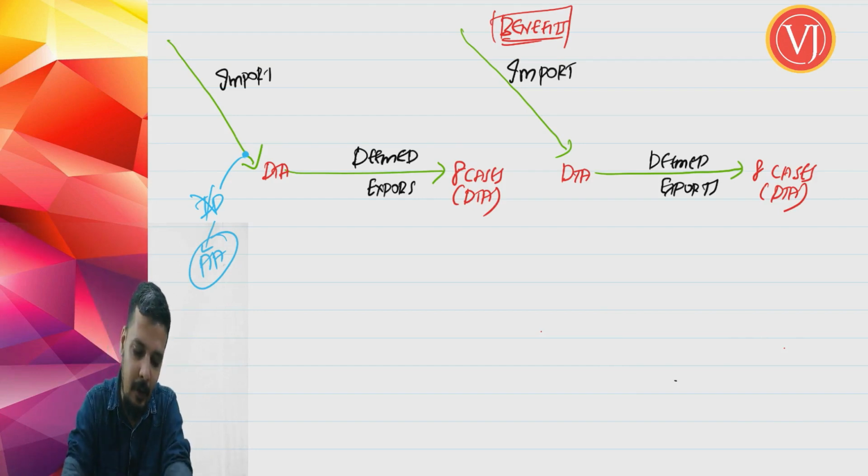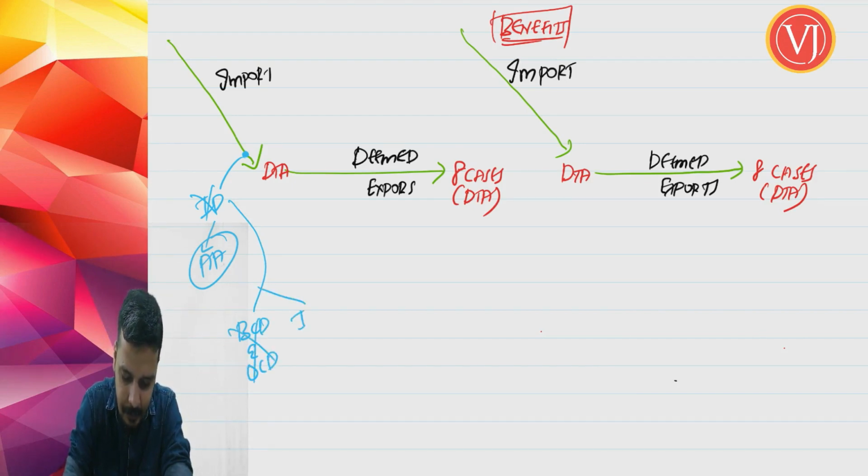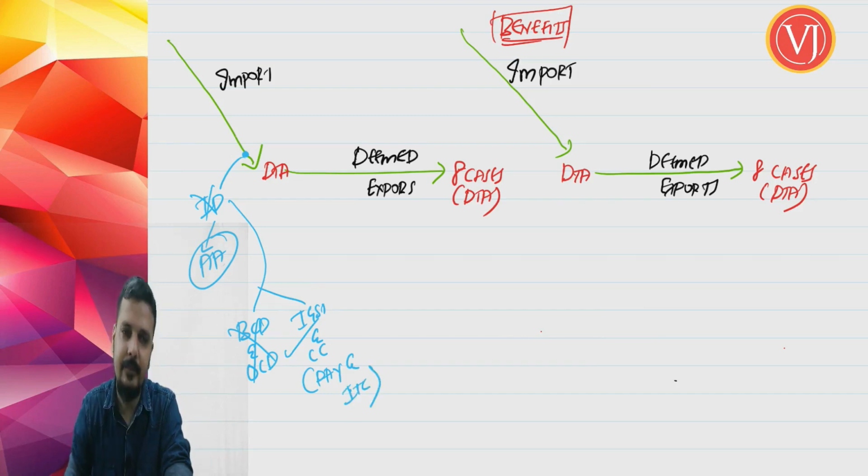I am not going to pay import duty. But when I am telling I am not going to pay import duty, I am not going to pay BCD and other customs duties. But if at all you are talking about deemed exports, I have to pay IGST and compensation cess. I'll pay and take the input tax credit, right?